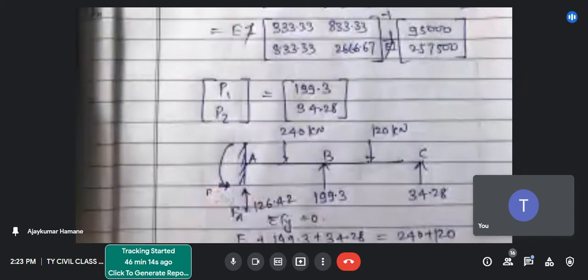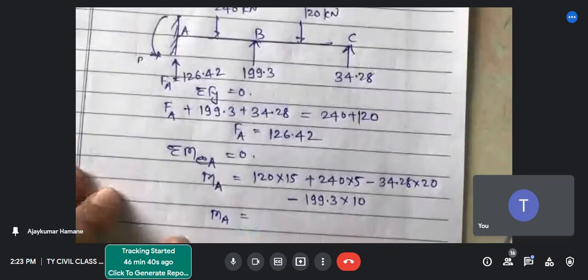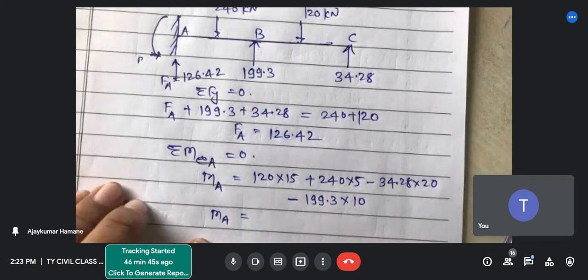So MA is equal to 120 into 15 plus 240 into 5 minus 34.28 into 20 minus 199.3 into 10.